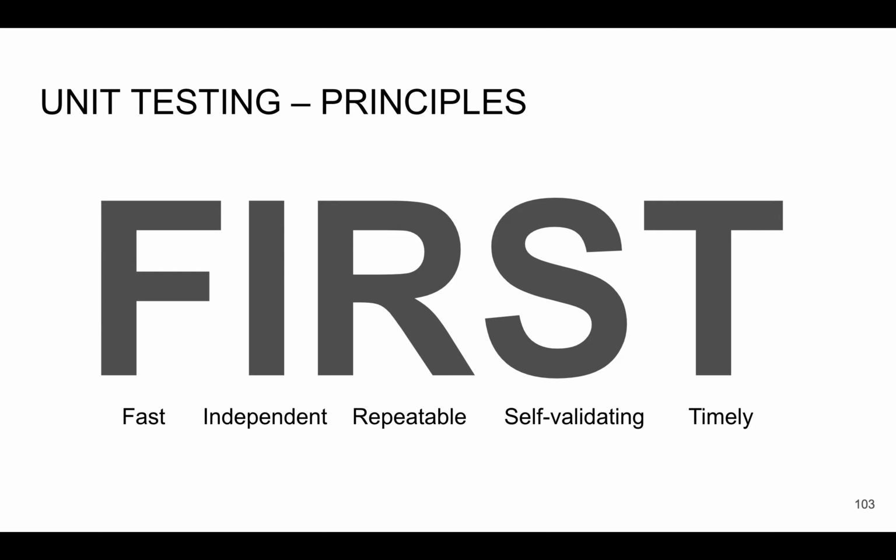The next one is self-validating. Self-validating means that the result of a unit test should be false or true. Did your test pass or not? You don't need to read additional logs or complex output. You just need to know whether your test passed or failed, and then you need to refactor the unit test or the code. And timely.